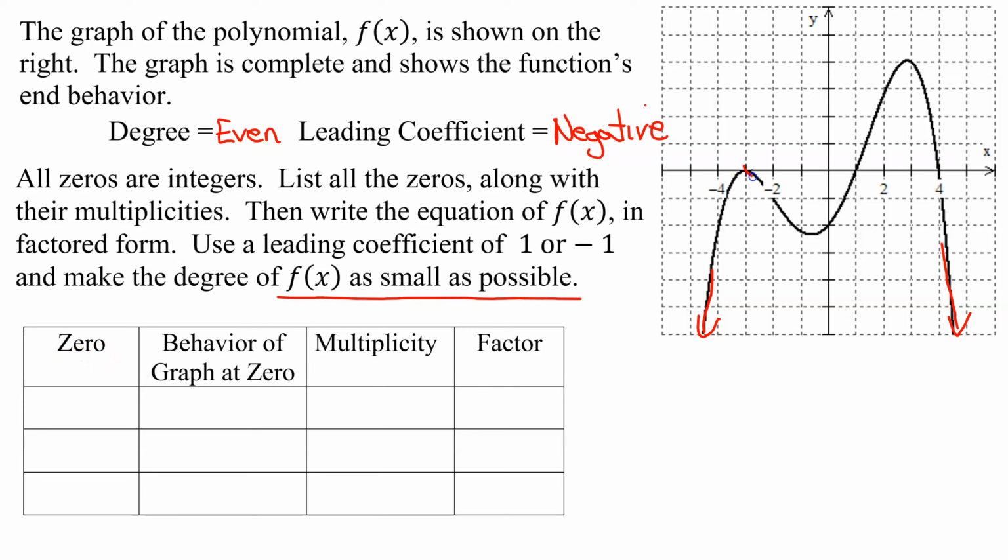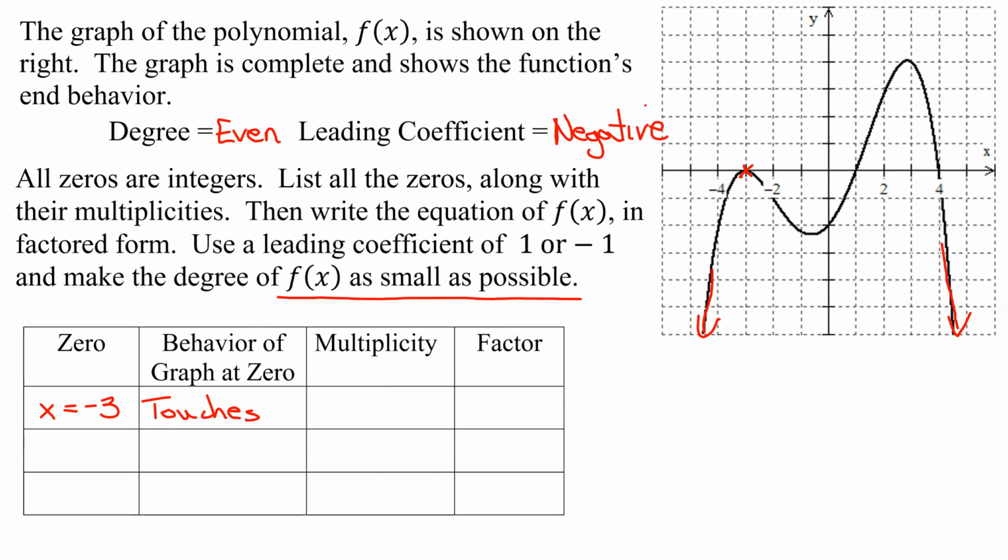Here is my first zero. Its x value is -3. And what is the behavior of the graph at this zero? Does it cross or touch and turn around? It touches and turns around. So I'm going to abbreviate that with just touches.